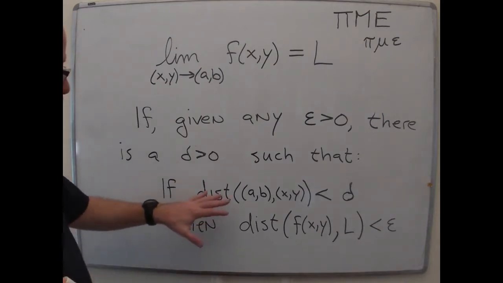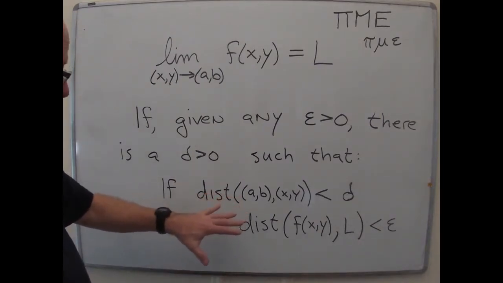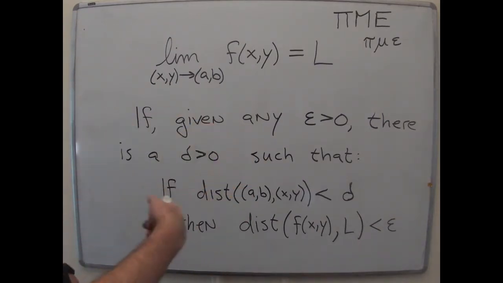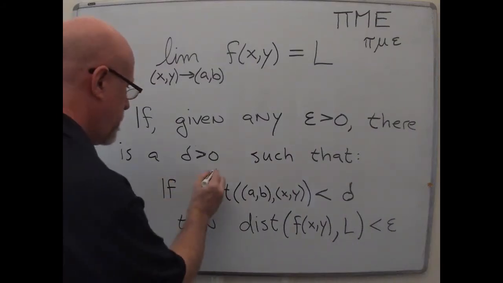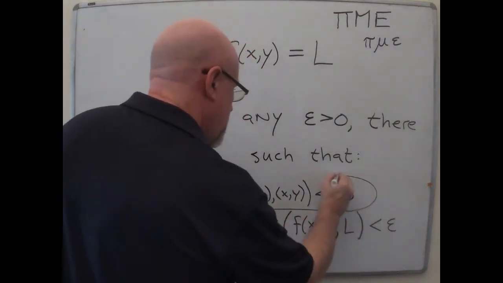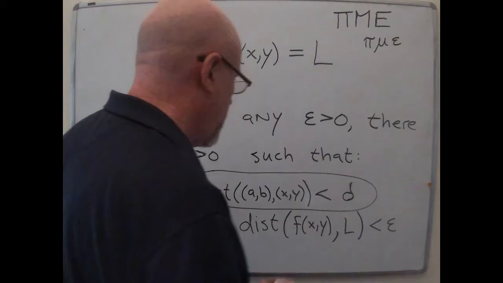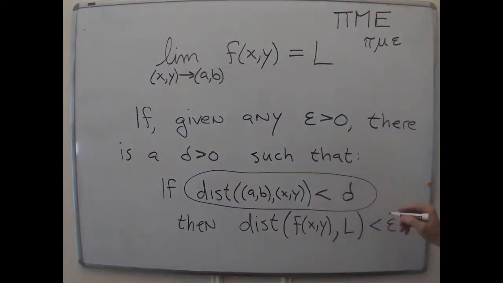So the best way to phrase this, probably, if you're speaking it, would be to take this sentence and replace it in English with something like: xy is close to AB.